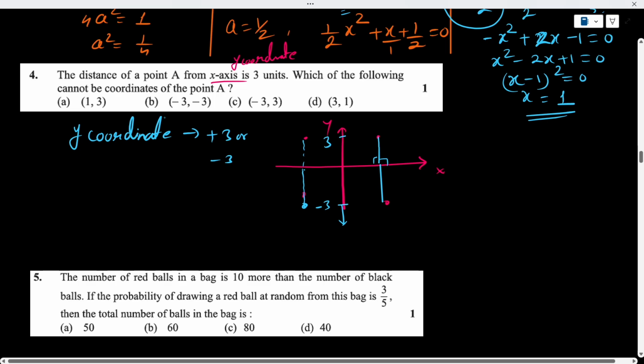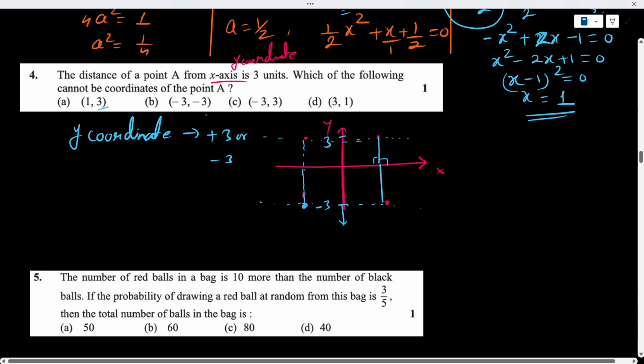So other than this, you cannot have any other value for the y-coordinate. So look at our first option, 1 comma 3, because we cannot decide x. It can be any value here. There are infinite x-coordinates which are at a distance of 3 units from x-axis. So the y value can be 3 or minus 3.